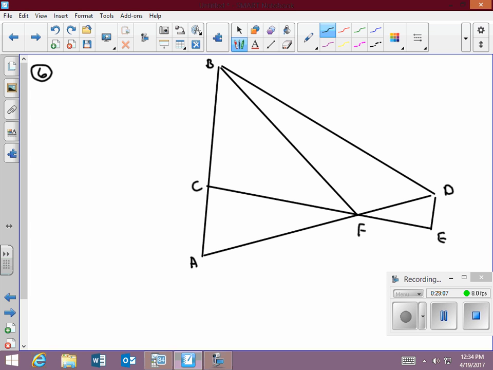Okay. Now, the way I drew it may not look like it, but they are showing us that this side and this side are congruent. This side and this side are congruent.